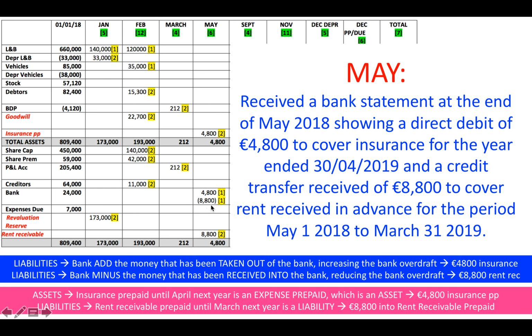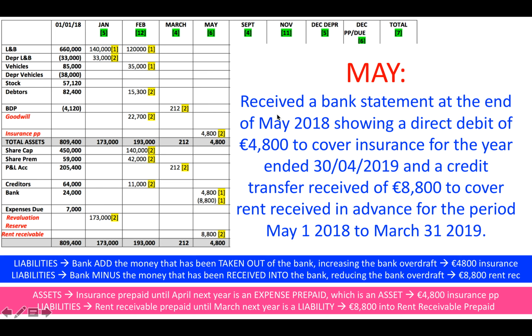Whereas we received 8,800 rent received, so that is going to decrease my bank overdraft. So I'm going to minus that 8,800 there in the bank. Now, what I'm going to do is I'm going to suss out where else do I put these items. So if I have here a bank statement at the end of May showing a direct debit of 4,800 to cover insurance for the year ended 30th of the 4th, 2019.